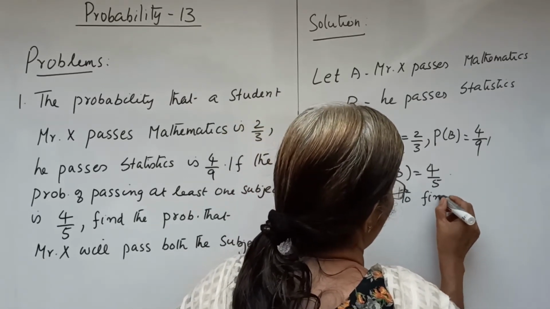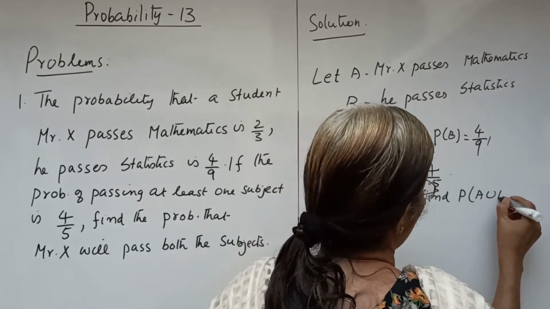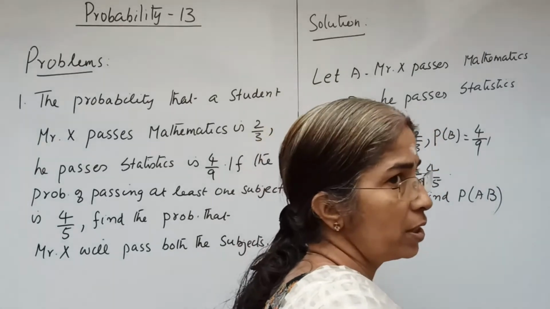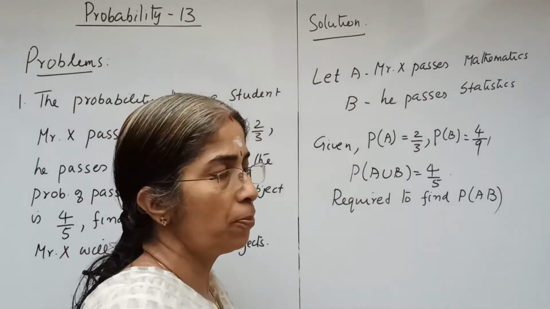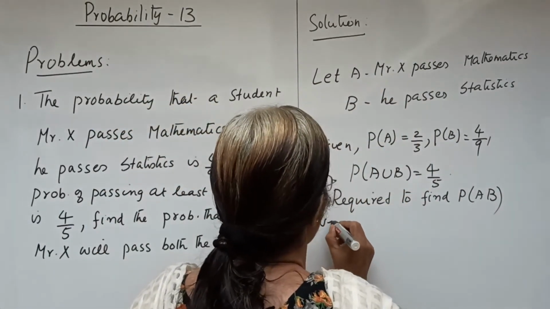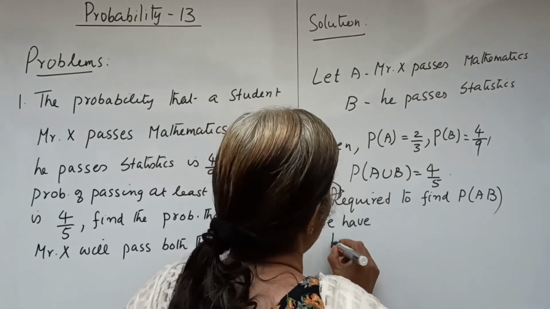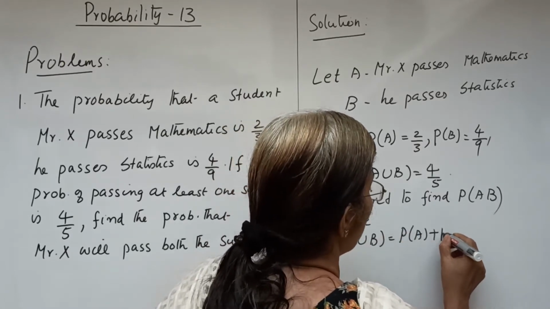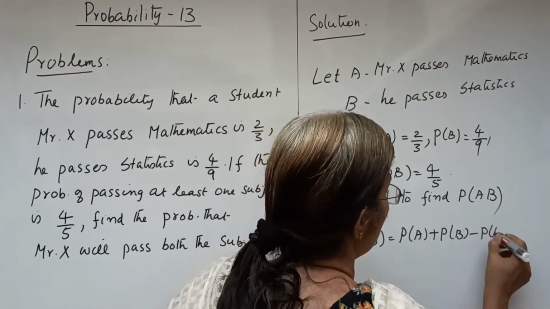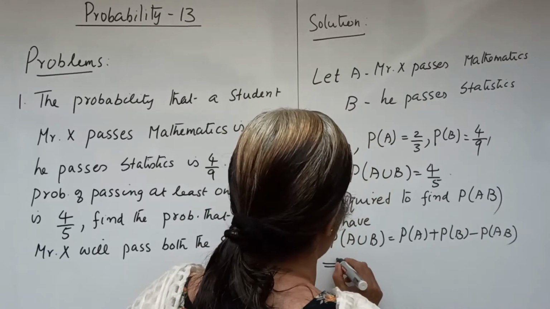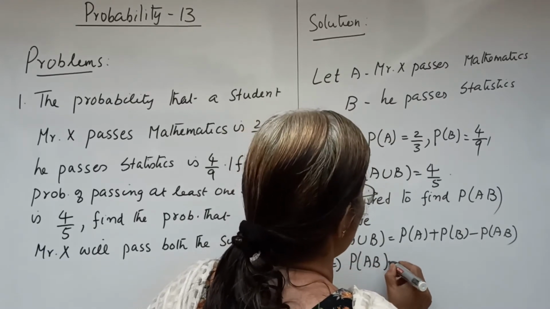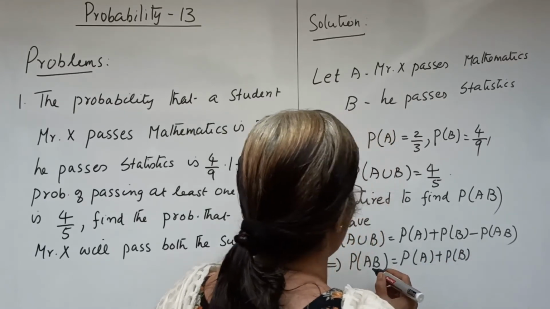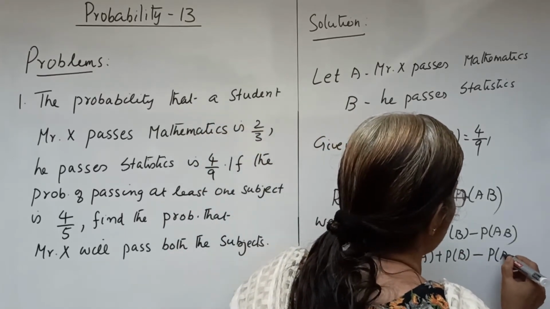By the addition theorem, P of A union B equals P of A plus P of B minus P of AB, from which P of AB equals P of A plus P of B minus P of A union B.